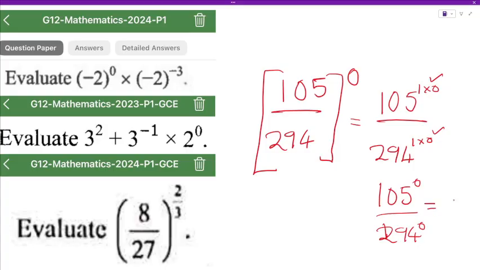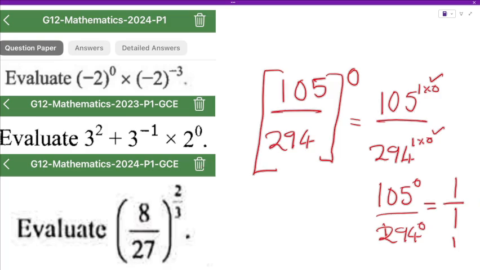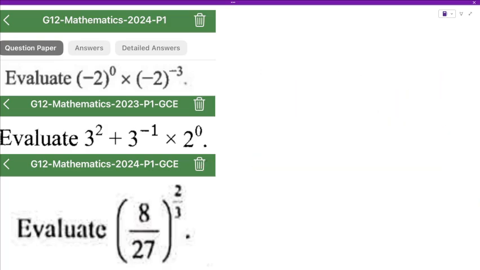Then here we said any number raised to the power of 0 is 1, over any number raised to the power of 0 is 1. 1 divided by 1 is 1. That is why I said this whole expression will just give you a 1. So I need you to master that one, so that by the time we start solving, you'll be able to apply it. Then we can now look at the next law, which is negative indices.